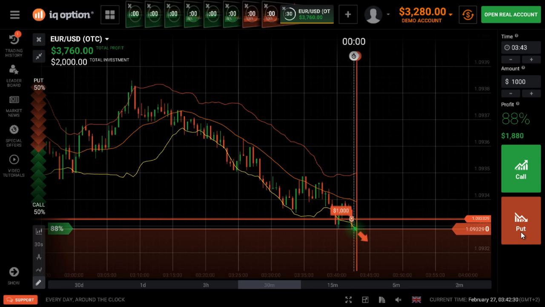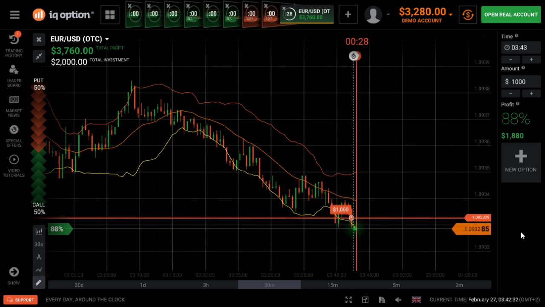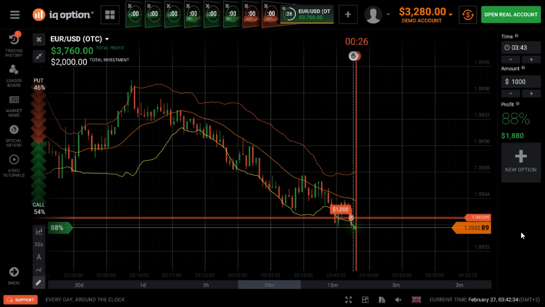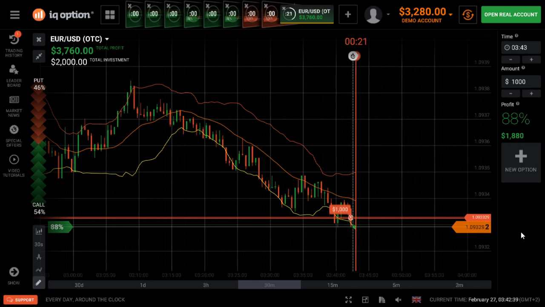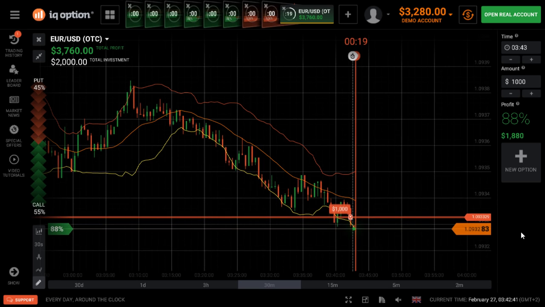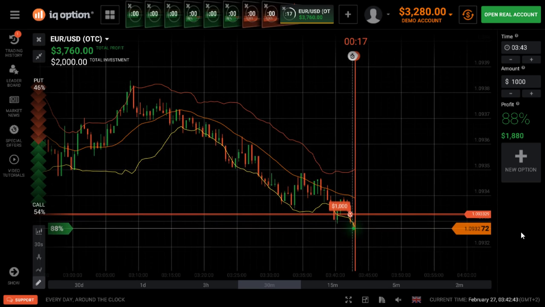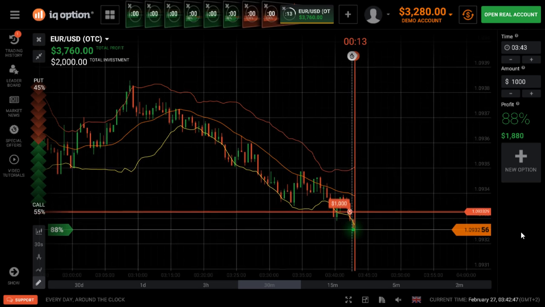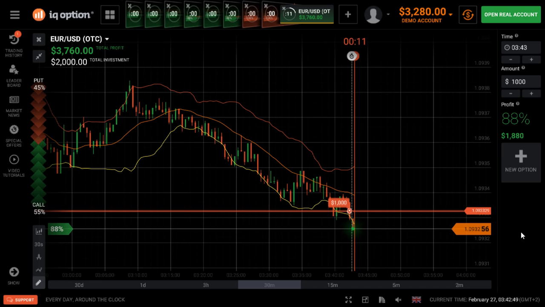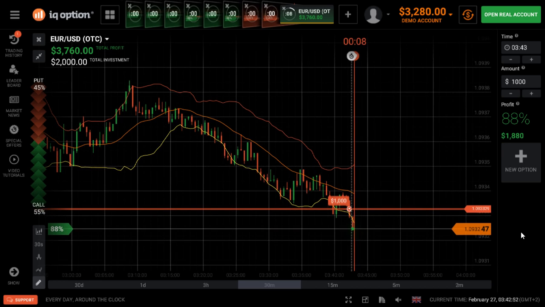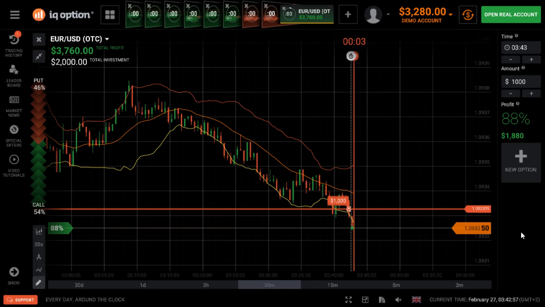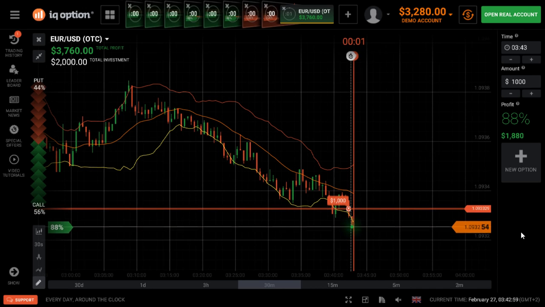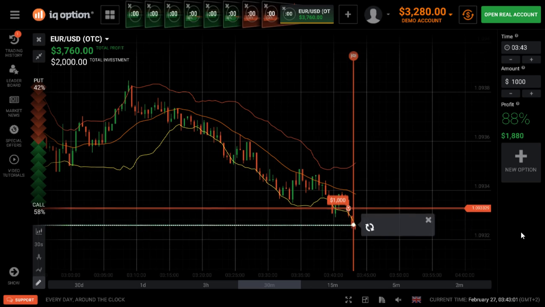So of course eventually it's gonna reverse, but until then it is very low risk, guaranteed to win if you are placing put. And of course there will be resistance, like you see some green grows, but eventually it's gonna come down.